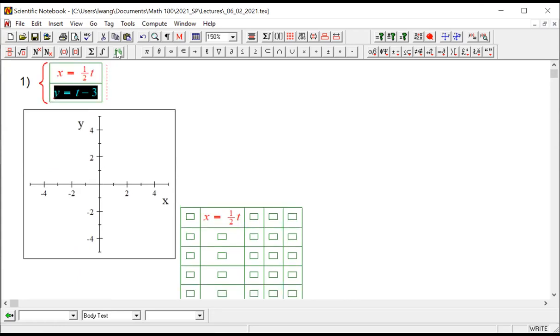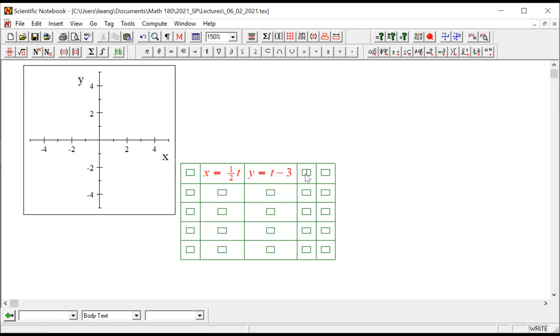But both x and y are dependent on t. So our ordered pair is going to be established only after the value of t is determined.